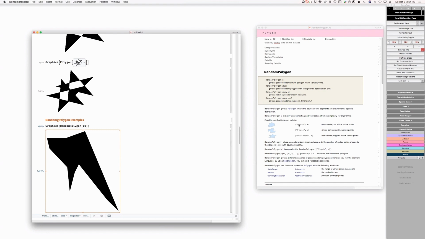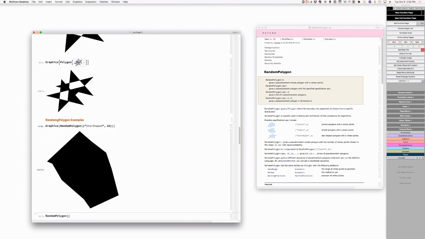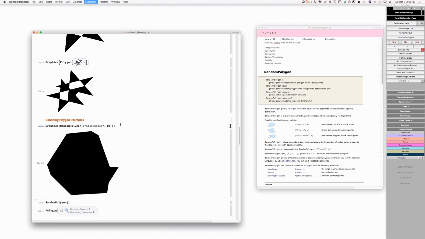Why do you say star-shaped as opposed to star here, given that you've got convex, simple? As always, there are multiple names for the same things in the world. Star-shaped is one, star-convex is another. But maybe you just call it a star polygon. I don't even understand what this is doing now.